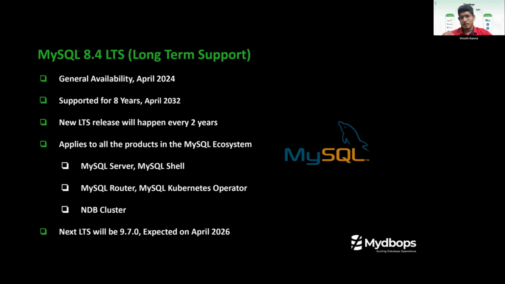And this LTS release is going to be applicable for all the products in the MySQL ecosystem, which includes MySQL Server, InnoDB Cluster, group replication, replica sets, MySQL Shell, MySQL Router, Kubernetes operator, and NDB Cluster.